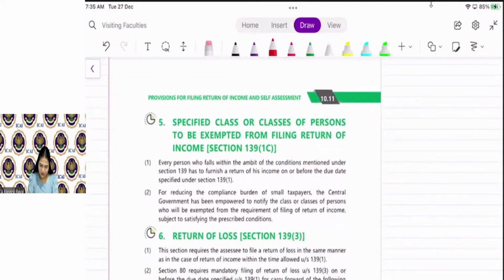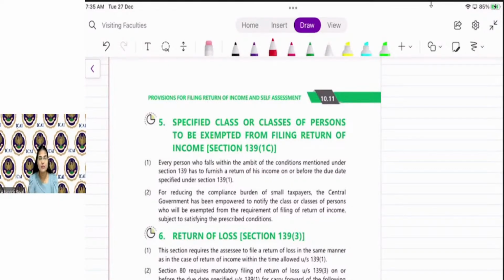Specified class or class of person to be exempt from filing return of income. Generally, every person who fulfills the condition given under 139(1) is required to file return of income within due date. But the government has power to notify certain class or class of person that if they fulfill such conditions given by the central government, then they are not required to file return of income.